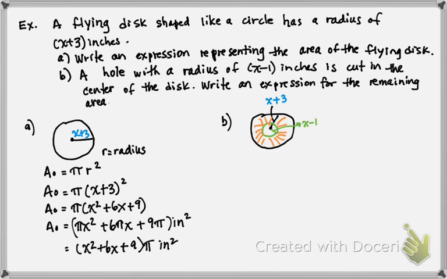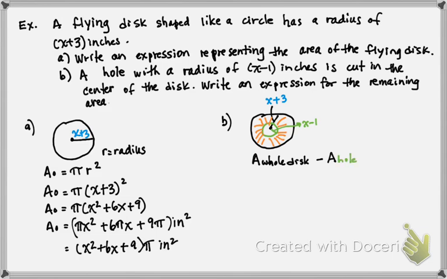So it's basically, in words, the area of the whole disk, that's the surrounding, minus the area of the hole.